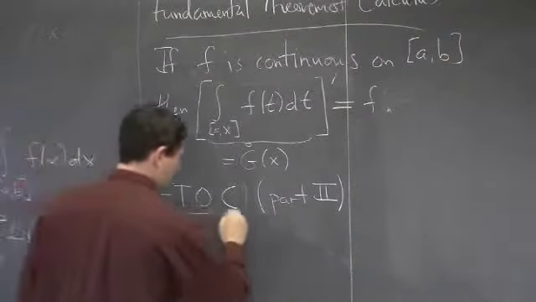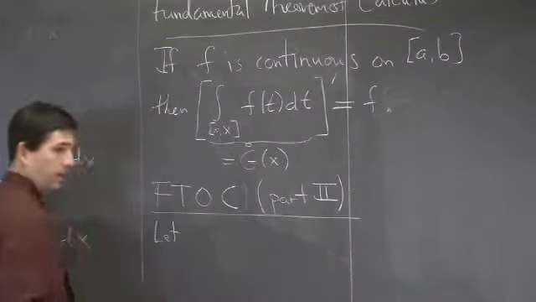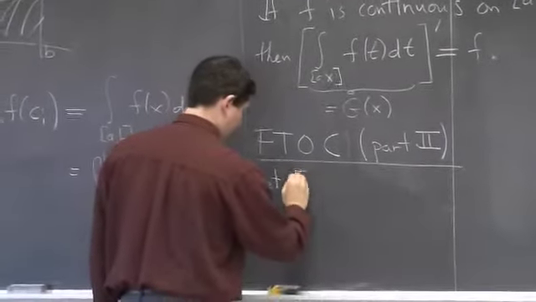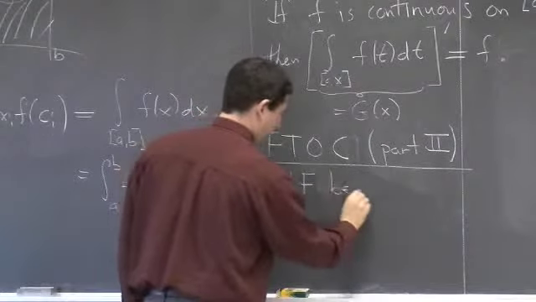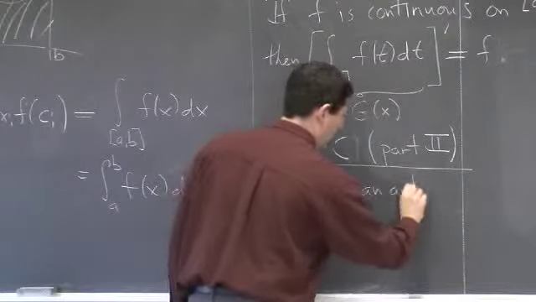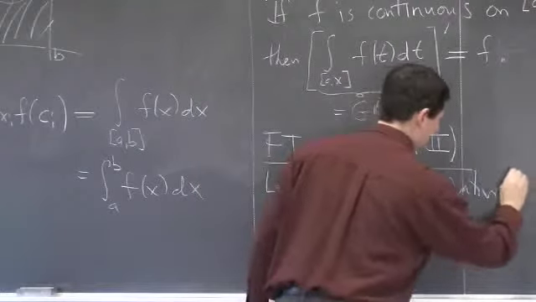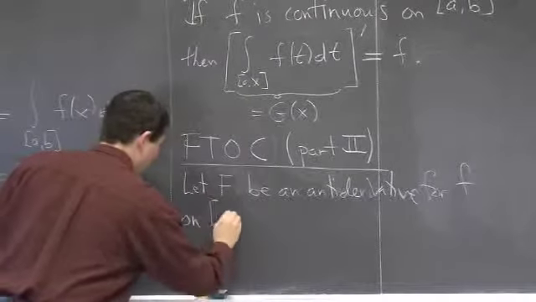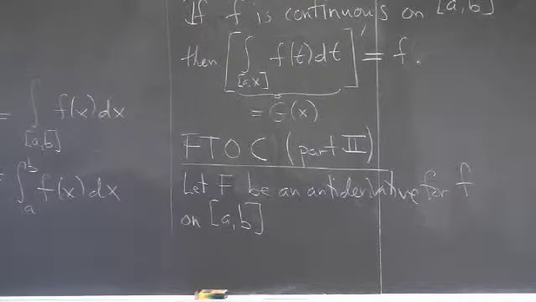So, we keep the same hypotheses as before. I'll just write it: let F be an antiderivative for little f on [a, b]. Take any antiderivative we want.